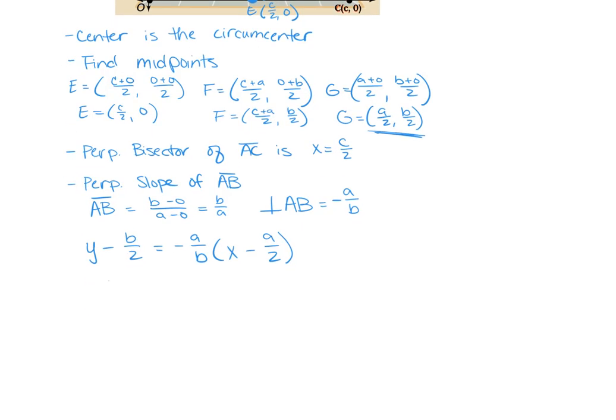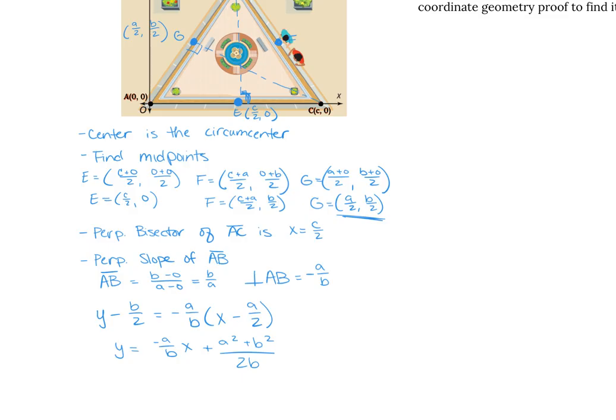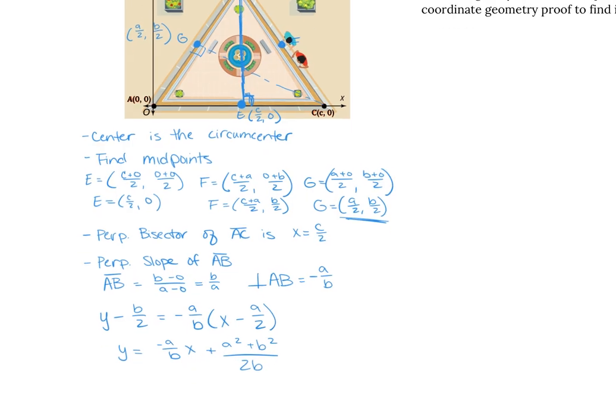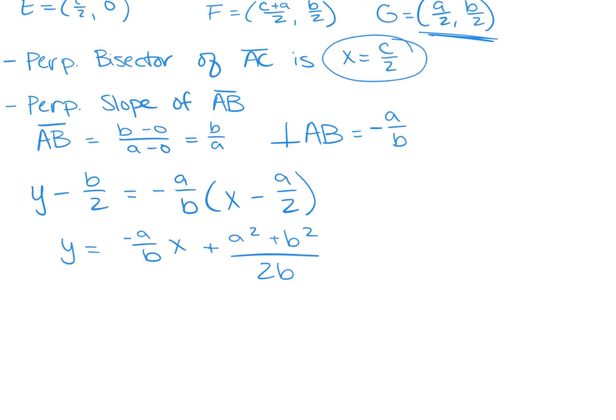I'm going to simplify. All right, so now we are going to substitute in our x value for our perpendicular bisector for BE, which we already identified as this x equals c over 2. So we're going to plug in that c over 2 in for x.